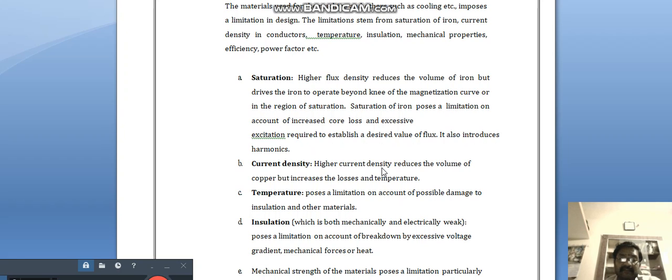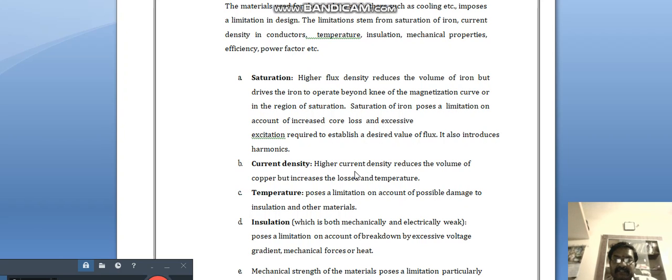Next one, current density. Higher current density reduces the volume of copper but increases the losses and temperature. How will the current density be increased? In a particular area, we wind more number of coils, then the density of the current carrying copper will be more, then a higher value of current will be generated in that particular place.